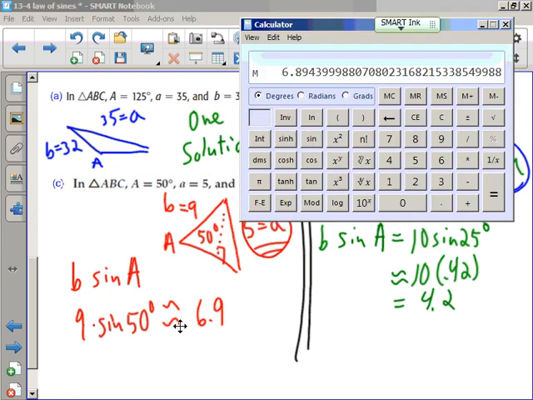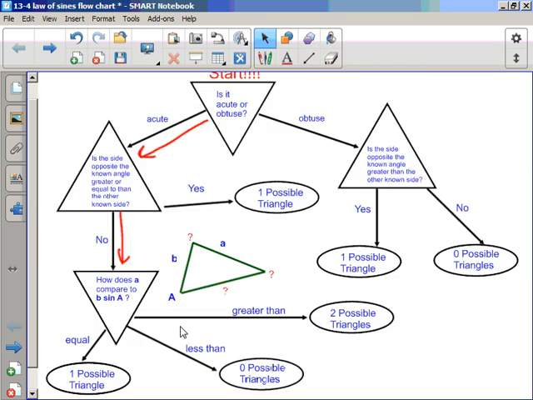There's no solution. This A is 5. This is 6.9, so it's less than. The 5 is less than 6.9. There's no possible triangles. That opposite side A is not long enough.